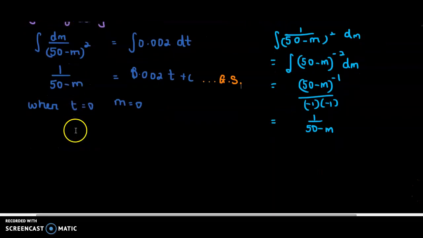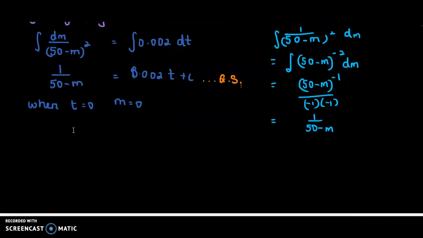Continuing, so when t is equal to 0, m is 0. So what do we get? We get that 1 over 50 minus 0 is equal to c. So c is equal to 1 over 50. And let's make our substitution. So 1 over 50 minus m is equal to 0.002 t plus 1 over 50.